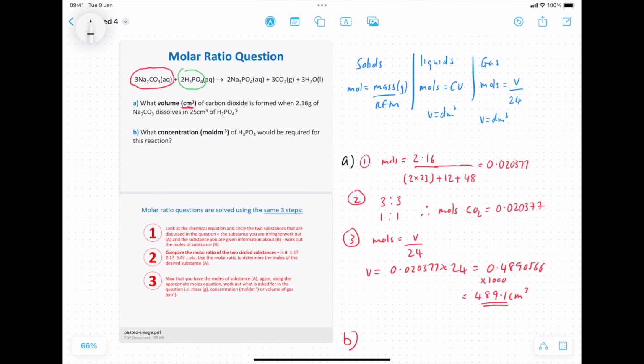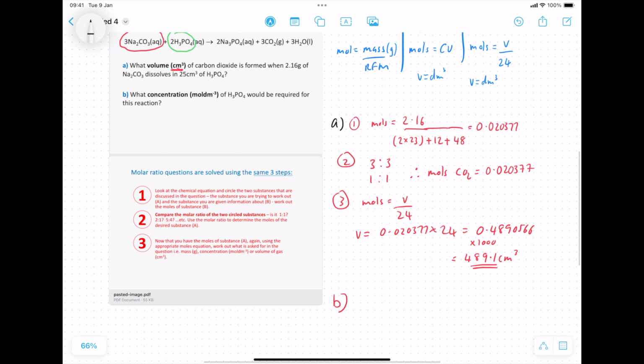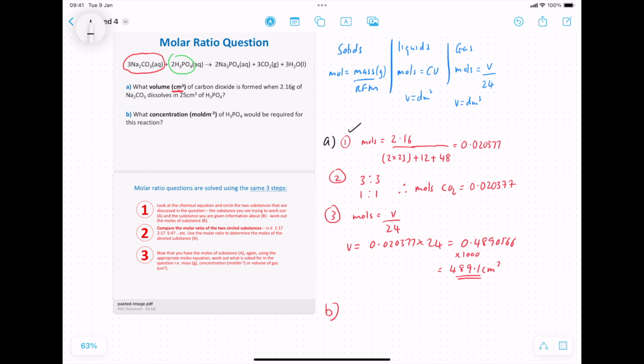So I'm comparing the moles of sodium carbonate to phosphoric acid this time. Now we already worked out the moles of sodium carbonate in this step. So it's 0.023077. So number 1 has been done.